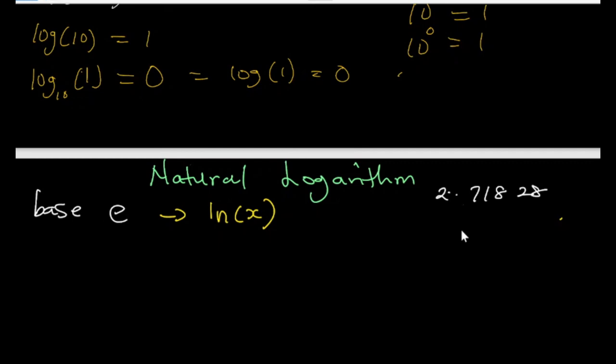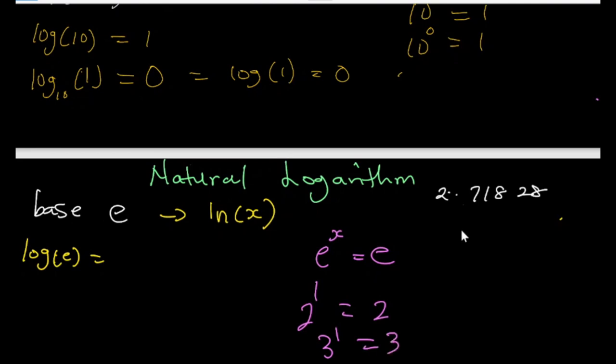Let's look at an example. If we have log e of e, this is simply asking what power will e be raised to get e? Remember that 2 raised to the power of 1 is 2. 3 raised to the power of 1 is 3. So e to the power of 1 will be e as well.